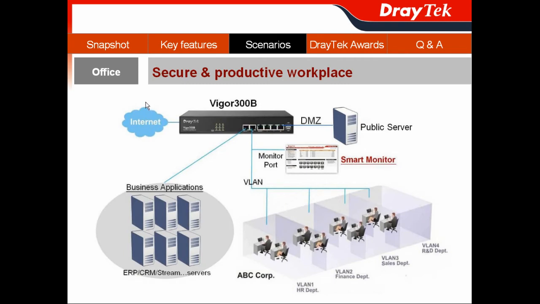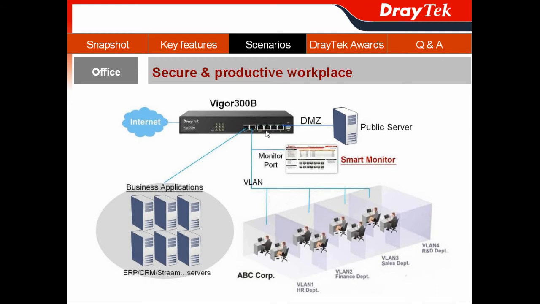In a short conclusion of the Office environment, Vigor300B gives you a secure and productive workplace. How? Vigor300B is a multi-WAN load balancer. You can configure its WAN 4 to hook up your public server by the physical DMZ port, and so isolate your public server and the private server for your business applications.